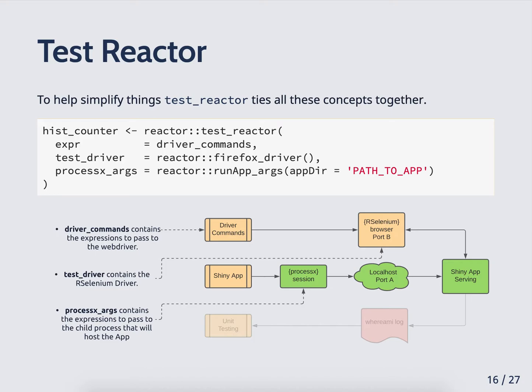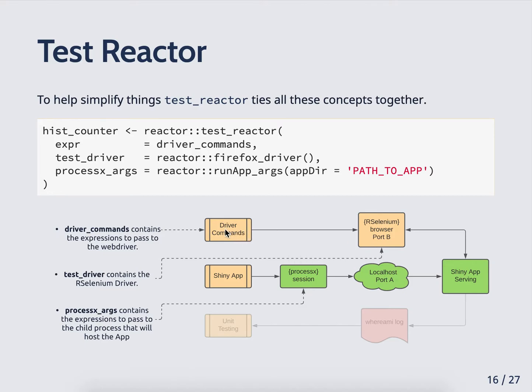To help simplify things, there's a function called test_reactor that ties all these concepts together. Here we have driver commands that are put in the expression. They contain expressions to pass to the WebDriver. The test driver is the RSelenium piece that contains the RSelenium driver over here.